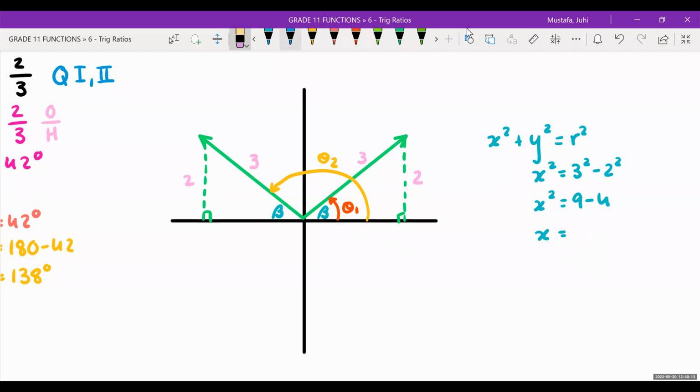Now, it's actually going to be plus or minus square root 5. Why is that? Depending on where you put your x, on this side, it's going to be a positive square root 5, but on this side, it's going to be a negative root 5. So depending on the triangle, it will change its signs.